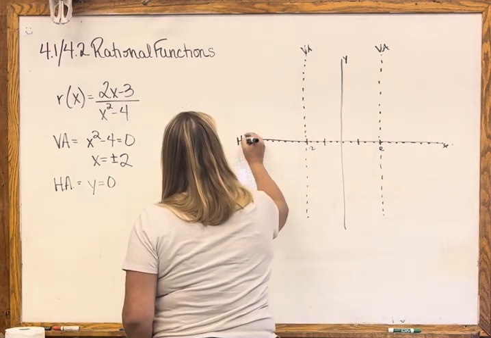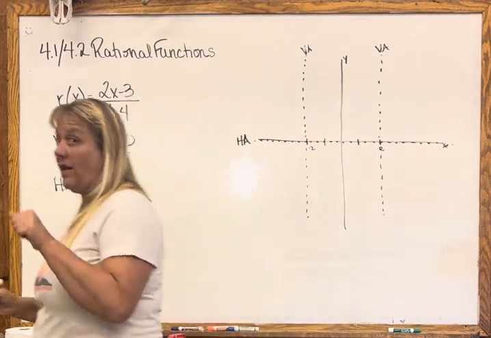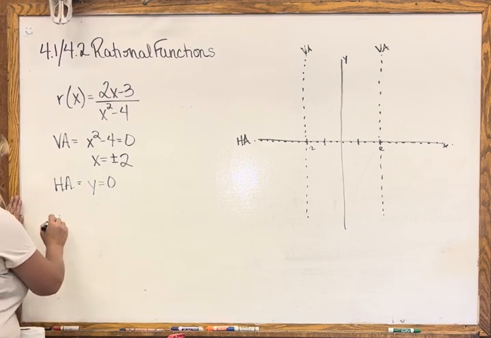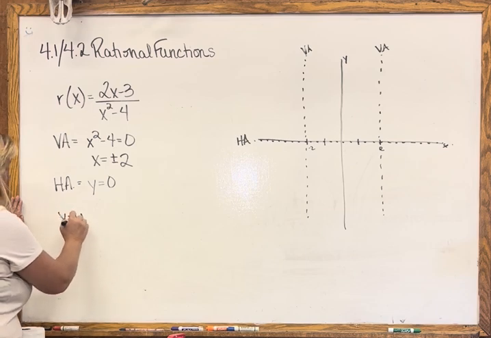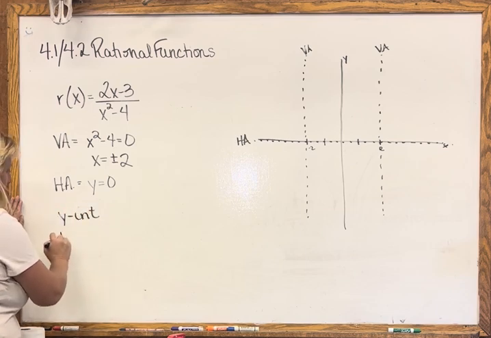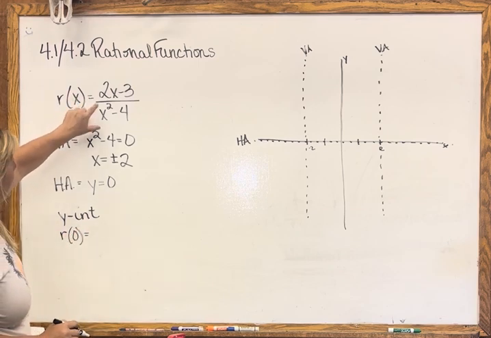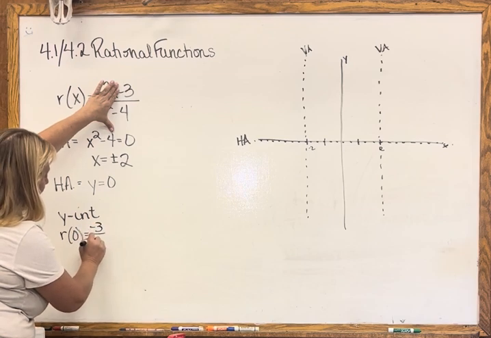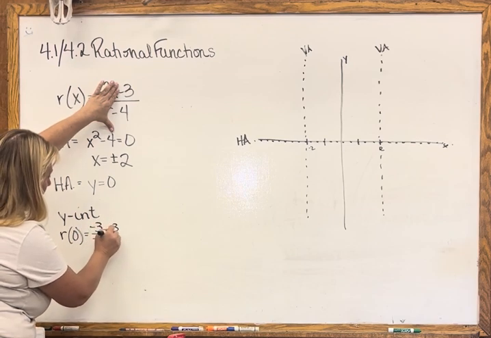So it's very important that you label this one so that I can see that you knew where it was. Okay. Asymptotes on the graph. Now it's time for the points. So, y-intercept. So if we plug in 0 in for the x's, we're going to get -3 over -4, or +3/4.